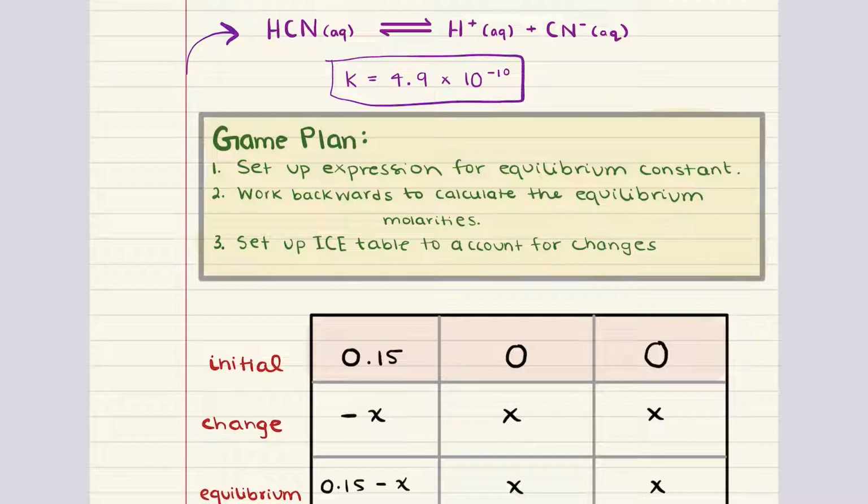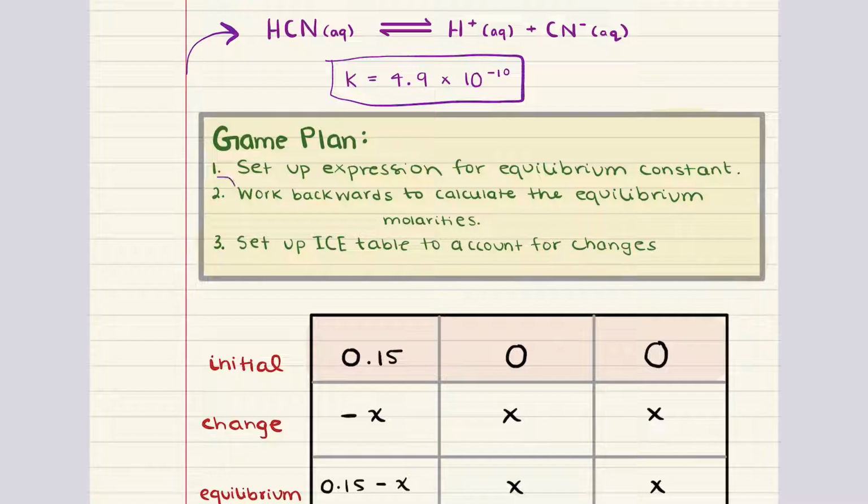But notice that we can't plug in values into that kind of expression just yet because we know what we're starting off with in terms of reactants and products, but not the actual equilibrium values. And you need the actual equilibrium values to calculate and use the equilibrium constant expression.